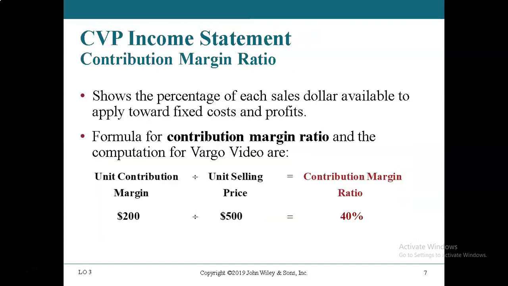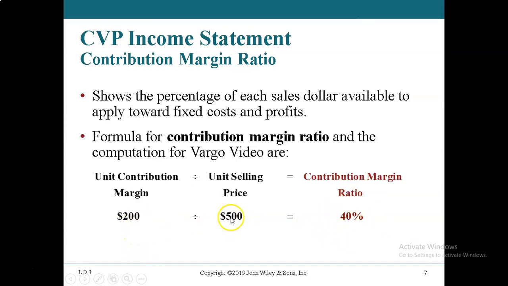Okay, next, let's talk about contribution margin ratio. Contribution margin ratio is just a percent. So you can say that contribution margin ratio is 40%, or if you like, you can say 0.4. So how do you get contribution margin ratio? You take your contribution margin per unit divided by the selling price, and you get your contribution margin ratio.